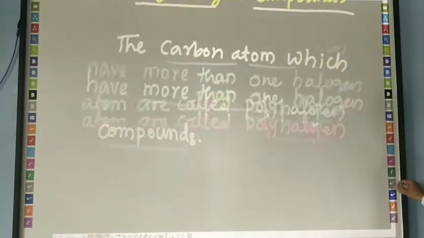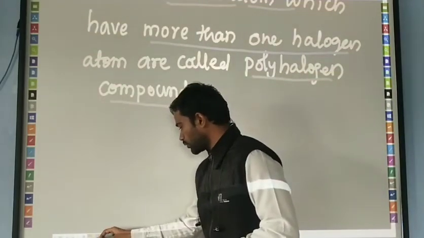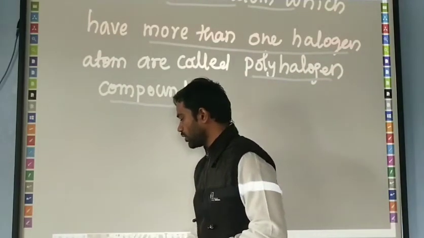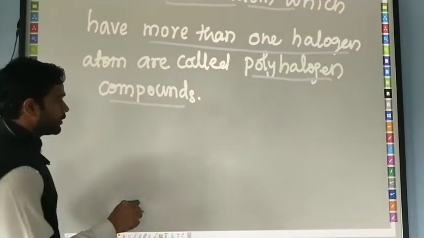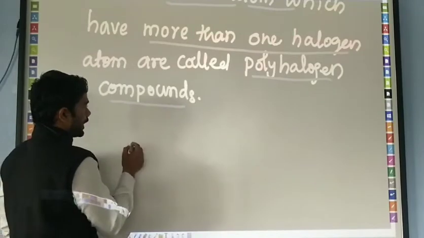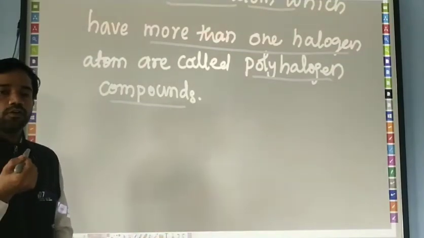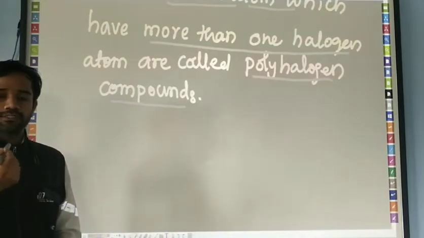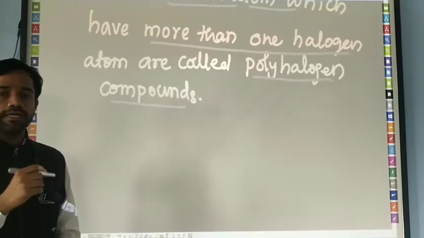In this session we are going to discuss some important polyhalogen compounds. Those are: first, dichloromethane; second, chloroform; next, iodoform; carbon tetrachloride; Freon; and DDT.